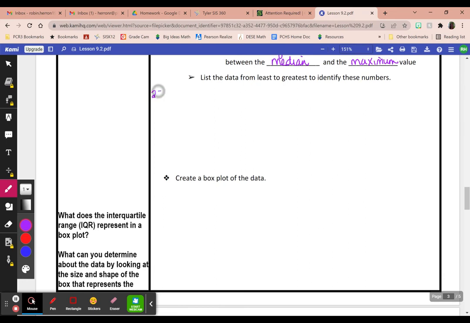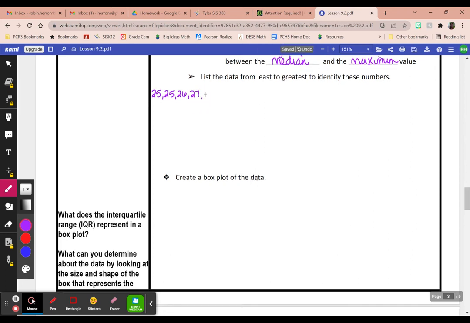So we're going to start with 25, and then we've got 2 of those. We have 26, 27, 31. Then I've got two 32s. Okay. 36, 38. Then we have two of the 42s. 45 has 3.